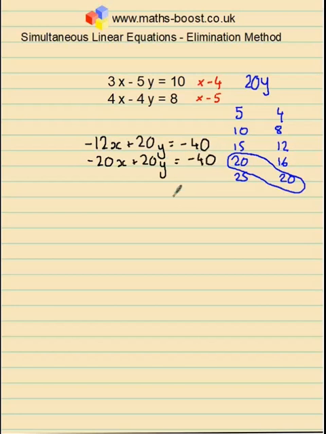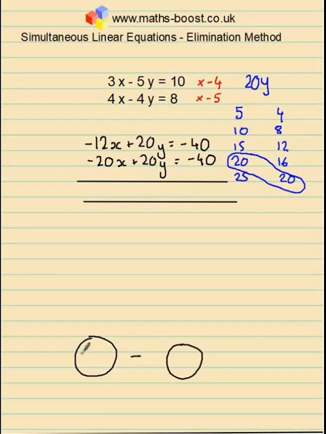So I've got myself into the situation that I wanted. Both the y's are the same, so I can now go ahead and subtract. Minus 12x minus 20x. And again, this is a very dangerous step, so I'm going to carefully use this method. I'm going to take the number from the top equation and subtract from it the number on the bottom equation.